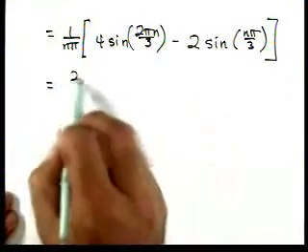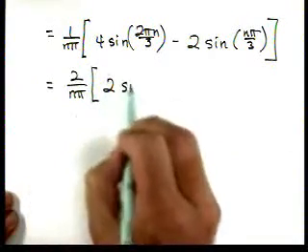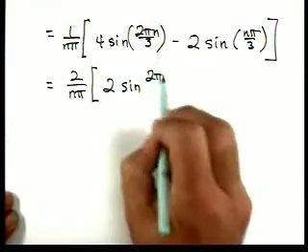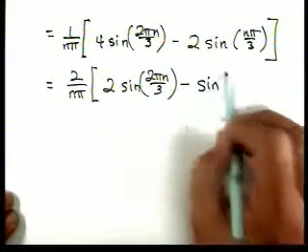And we can rewrite that as 2 over n pi times 2 times the sine of 2 pi n over 3 minus the sine of n pi over 3.